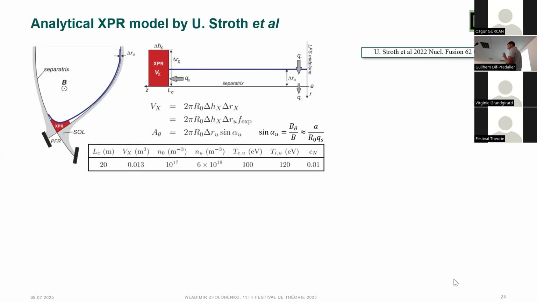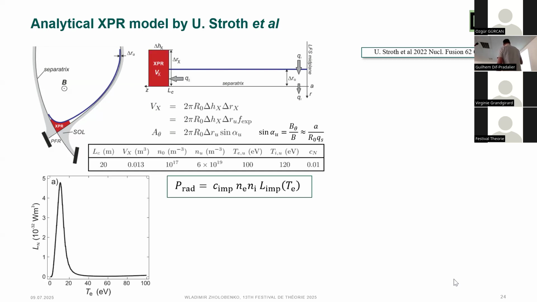And this is a key ingredient for the radiator, because what this allows you to do is to radiate much more energy with a lower impurity concentration. So because the impurities can fill up this whole volume and radiate there, but for the confined plasma, this actually takes very little volume in terms of how many flux surfaces you use for this.